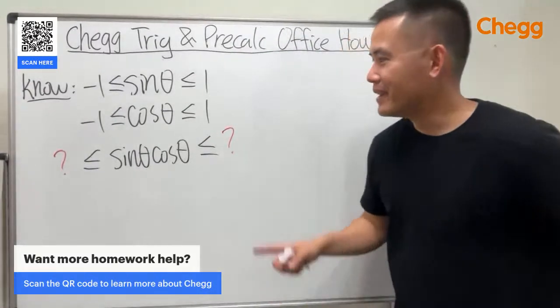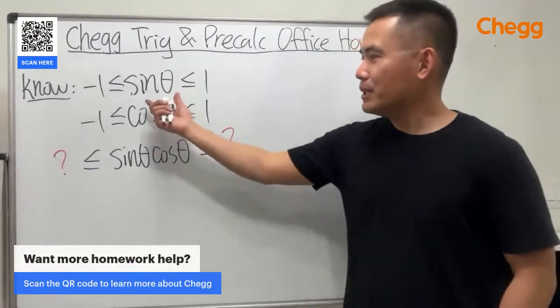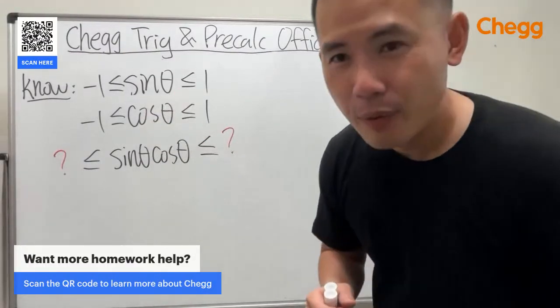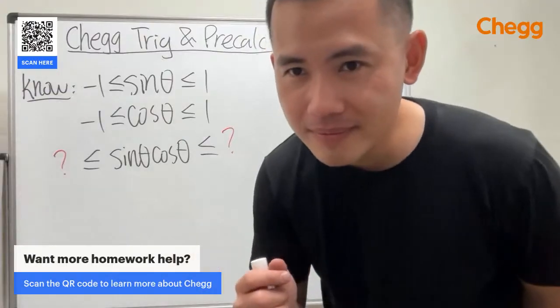All right, so anybody know the answer for this? If you multiply them, what would you get? What's the minimum value and what's the maximum value?